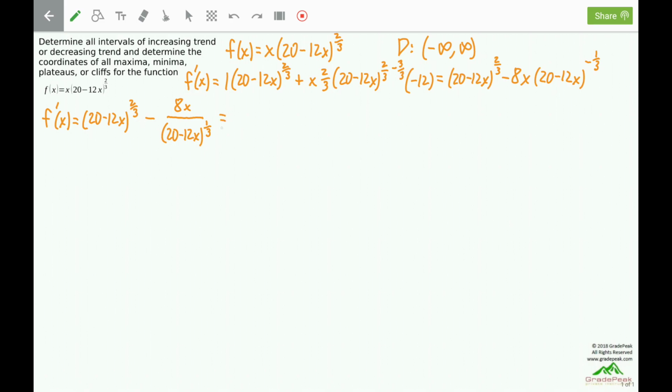We will need to multiply the first term, which has no denominator, by (20 minus 12x) to the 1/3 power over itself, a form of 1, in order to get a common denominator with the second term, which is negative 8x over that same denominator of (20 minus 12x) to the 1/3 power.